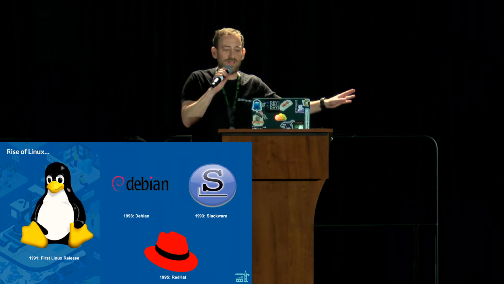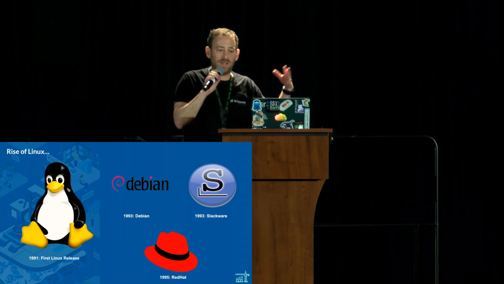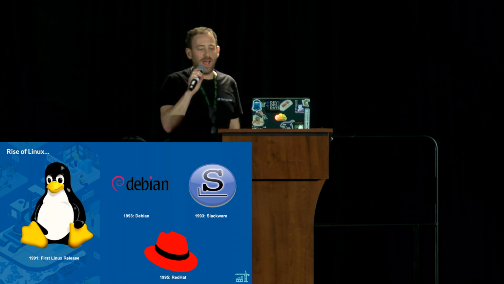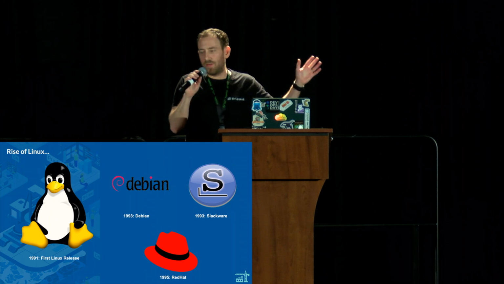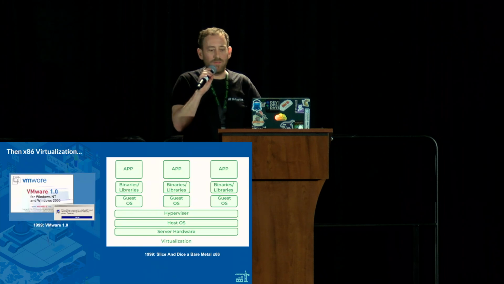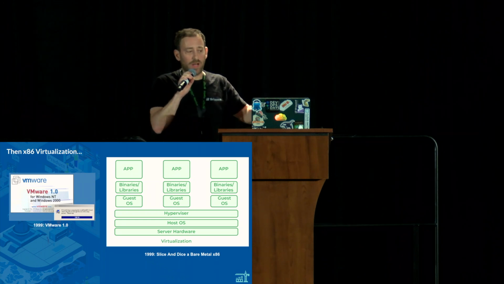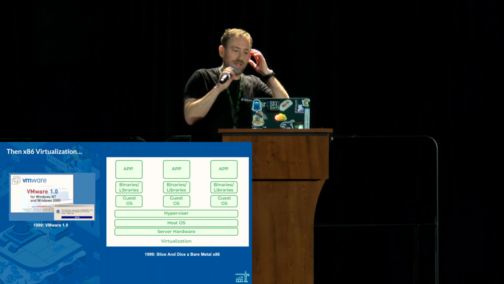While this is happening, a lot of that was Windows. We also have the rise of Linux, 1991: Debian, Red Hat, Slackware. I think we all know what Linux is, but that's really significant for the world that we live in. As that's happening, we also have virtualization starting. VMware 1.0 is 1999.